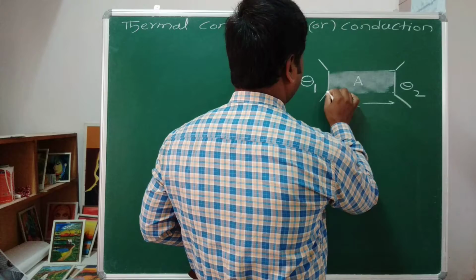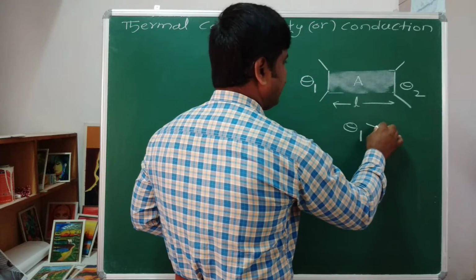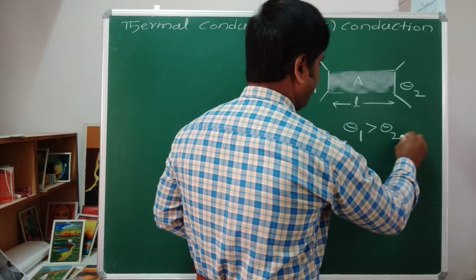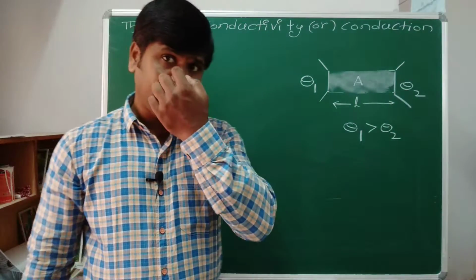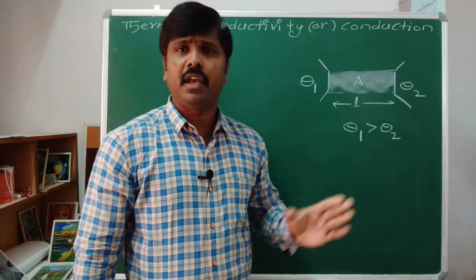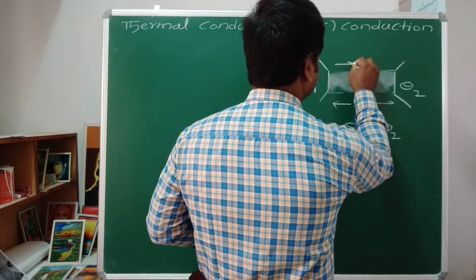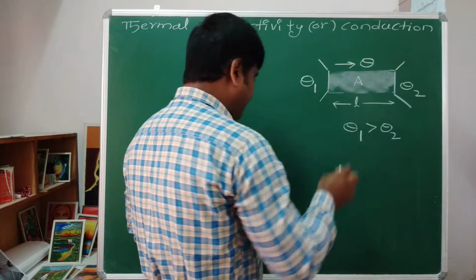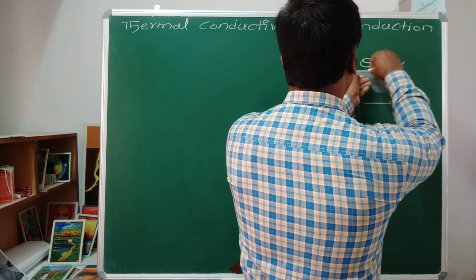Here θ1 is greater than θ2, so θ1 is the high temperature and θ2 is the low temperature. That's why heat flows from higher temperature area to lower temperature area. So we take Q as the heat flow from the higher temperature area to lower temperature area.